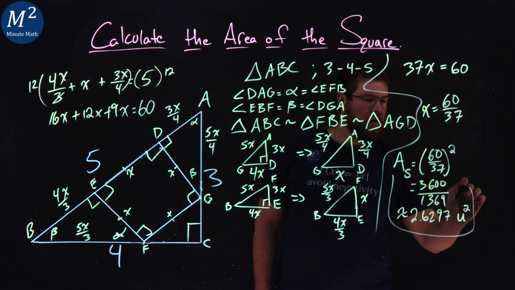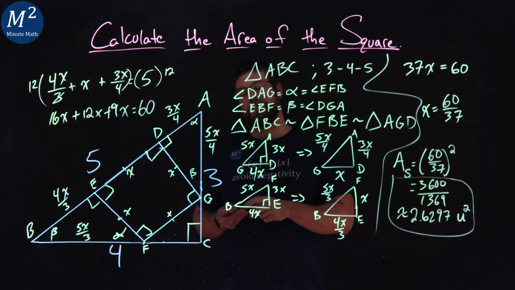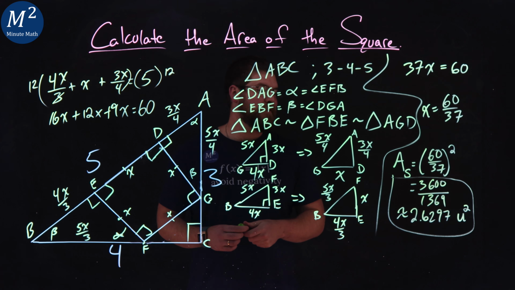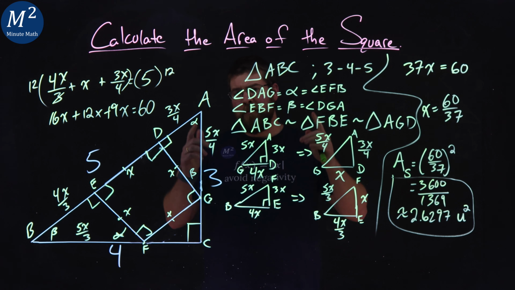So either one of these works for me, but there we have it. We found the area of our square, which was 2.6297 units squared. Was that the answer that you got?